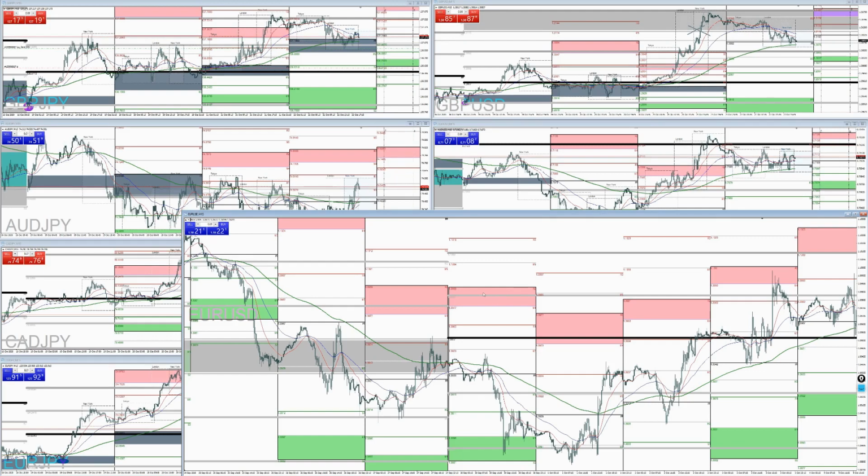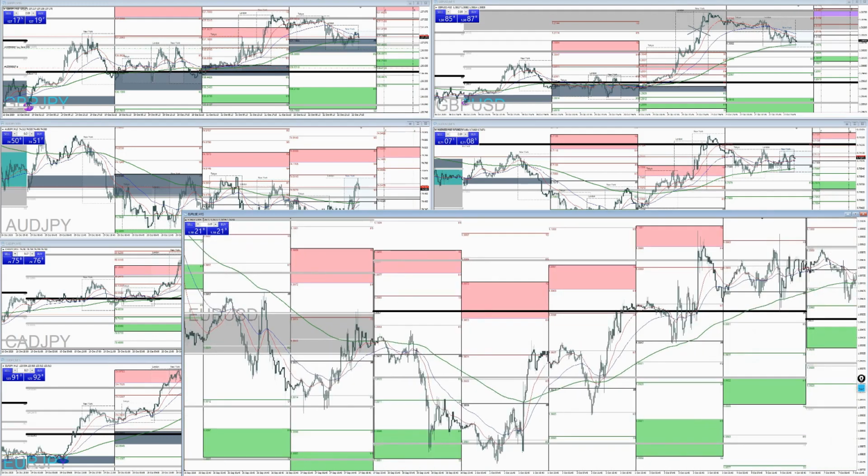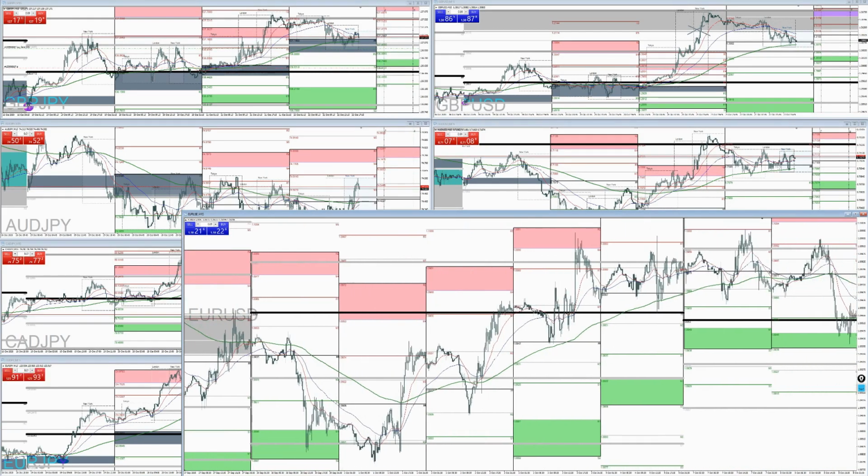So at this point here, we have not received the confirmation, and once it drops below here, I'm not looking for any trades. At this point here, we do pop above the M2.